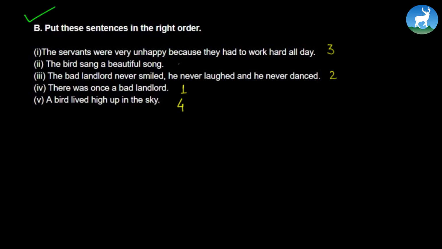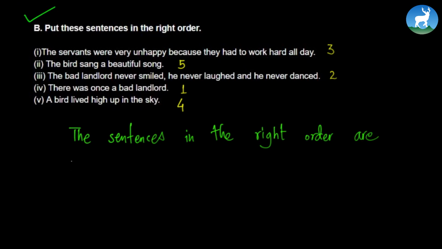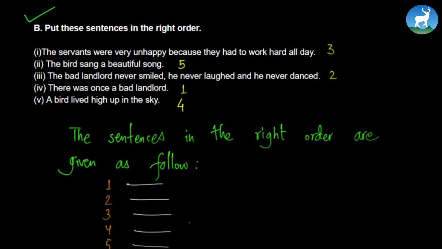And the last one is, the bird sang a beautiful song. You can write your answer like this: the sentences in the right order are given as follows, and just write 1, 2, 3, 4, and 5. I guess you can do that, right?